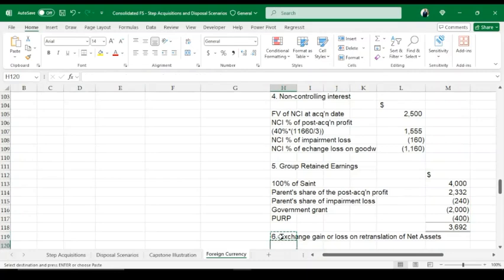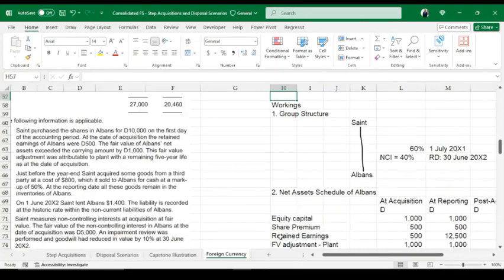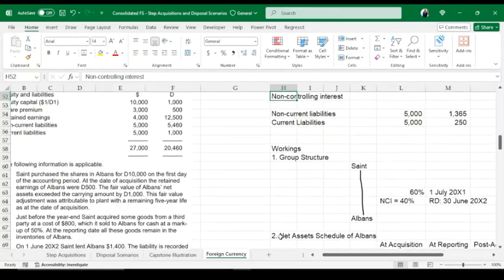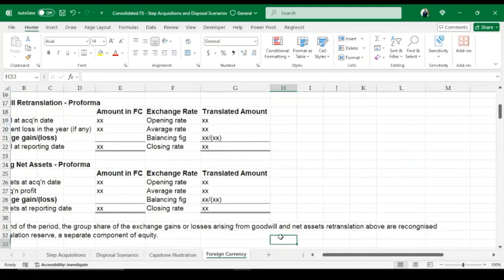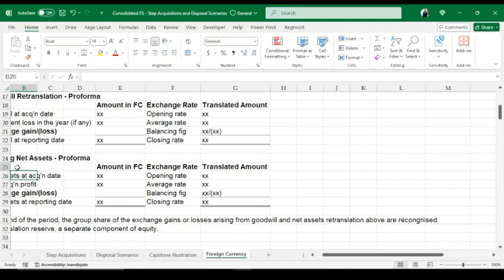So as with the goodwill, I'm going to my notes and I'm going to copy the pro forma, and then we can just insert the figures.